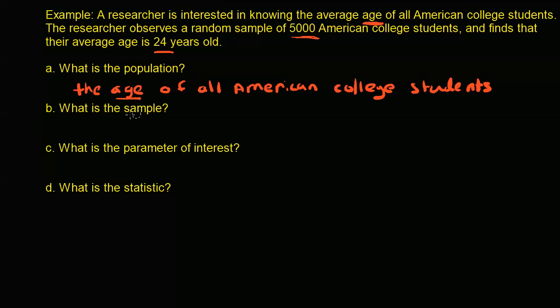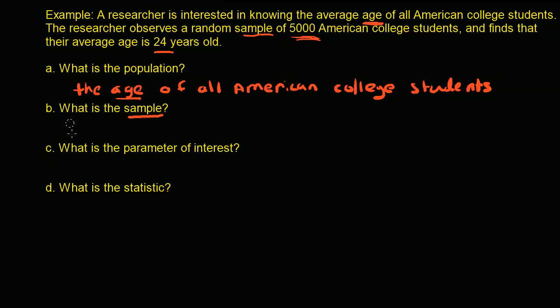All right, so now let's think this through. Now, what is the sample? Well, the researcher observed a random sample of 5,000 American college students. Okay, so remember, the sample must be a subset of the population, and the population is the age of all American college students.